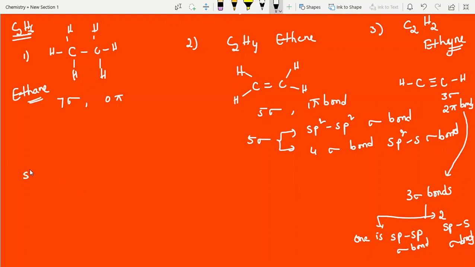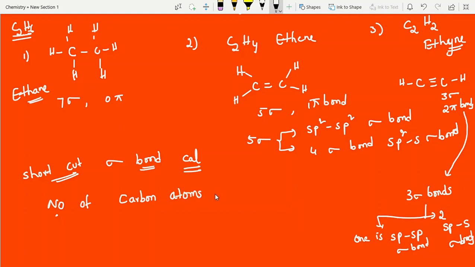Shortcut, sigma bond calculation: number of carbon atoms minus 1, plus number of other atoms. Is it applicable or not?